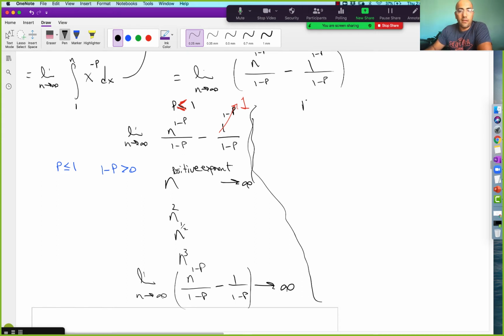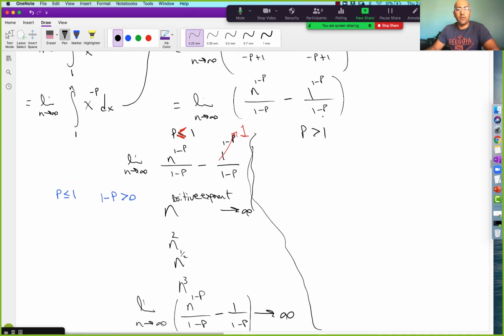On the other hand, if p is strictly greater than 1, then we study the limit as n goes to infinity of n to the 1 minus p over 1 minus p, minus 1 to the 1 minus p over 1 minus p.